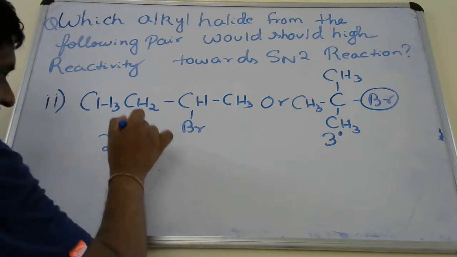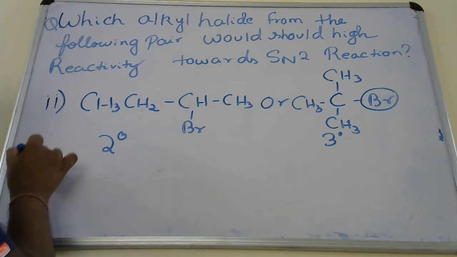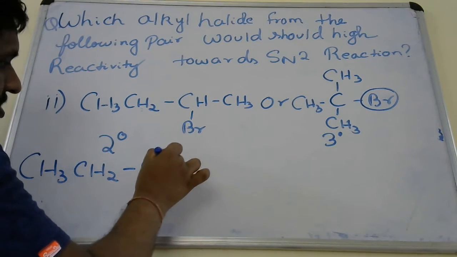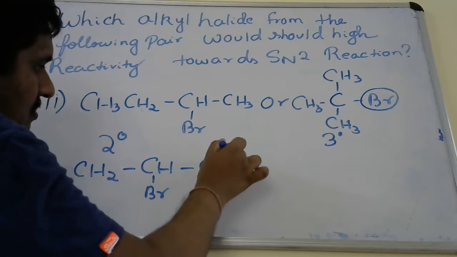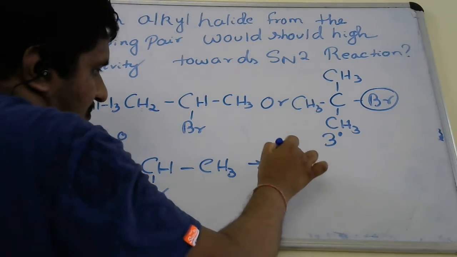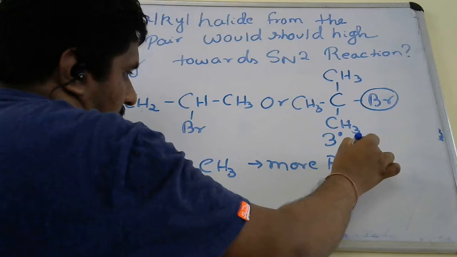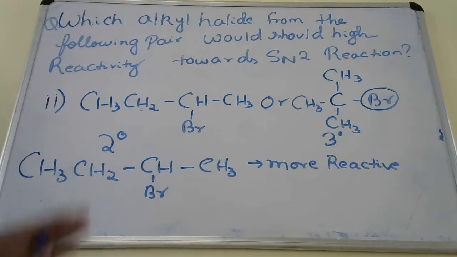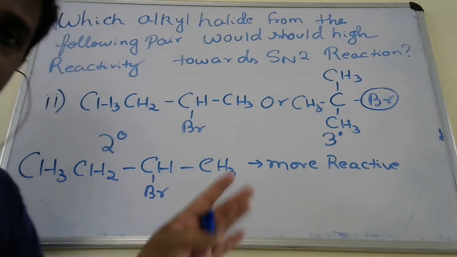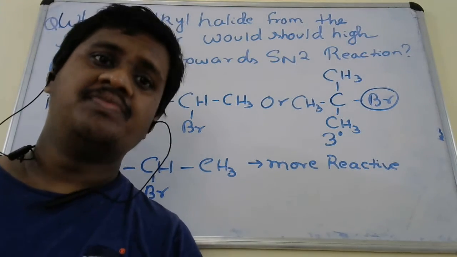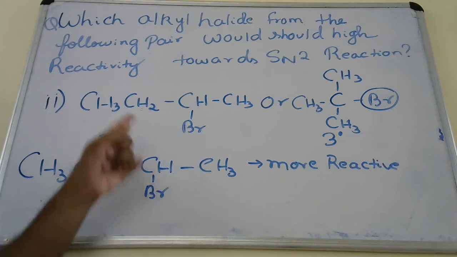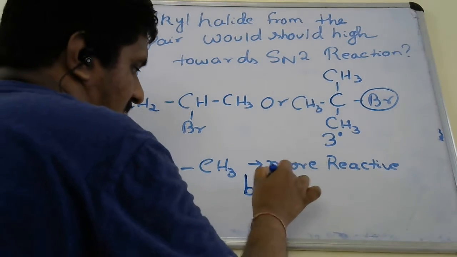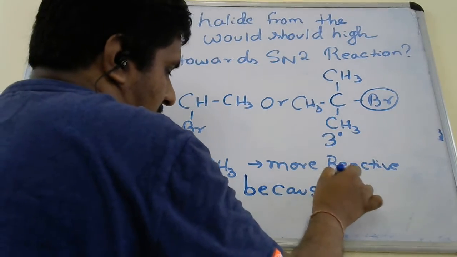The 2 degree alkyl halide provides less steric hindrance. The lesser the steric hindrance in SN2, the faster the reaction, so it is more reactive.